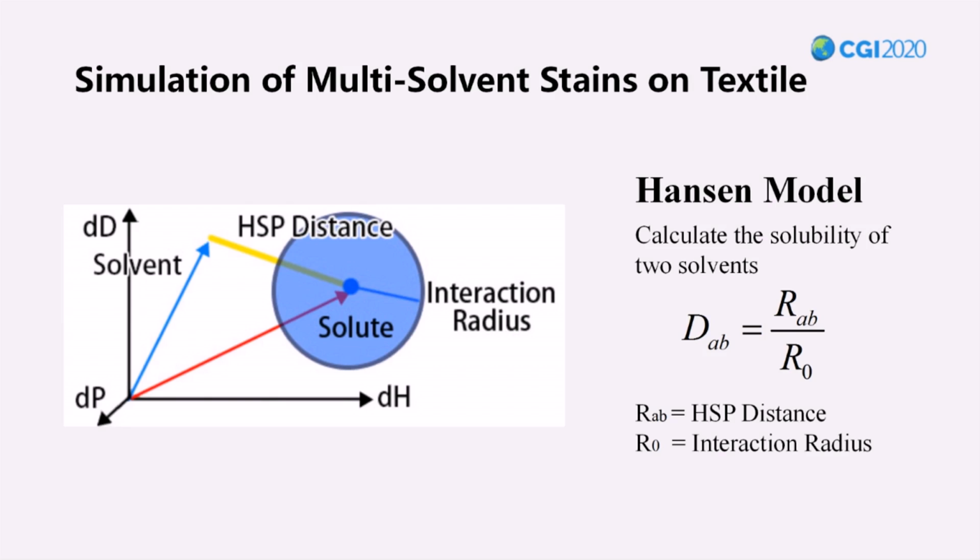distance RAB. If the distance RAB is less than the interaction radius R0, the two solvents are miscible, and vice versa. Here, the miscibility DAB of the two solvents is determined by the formula.